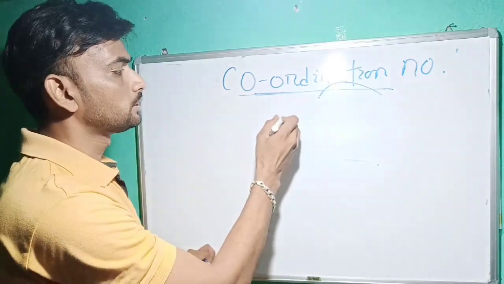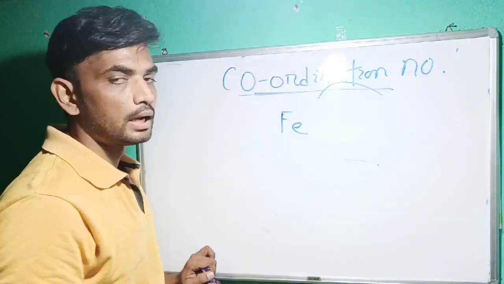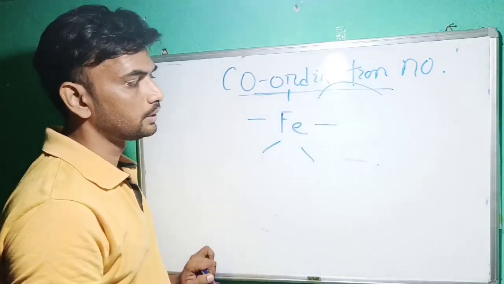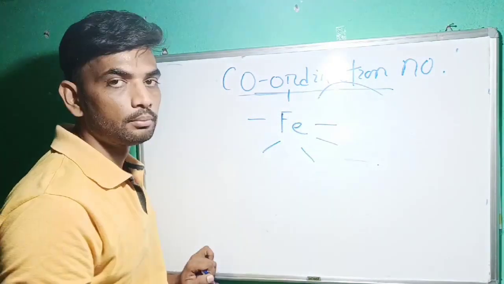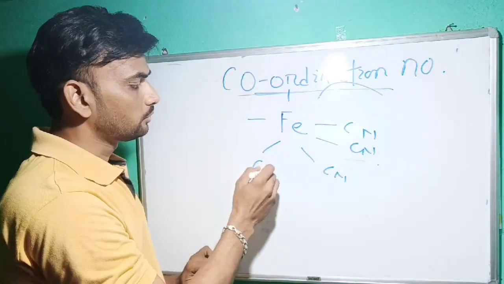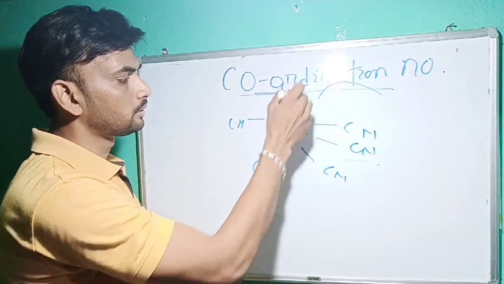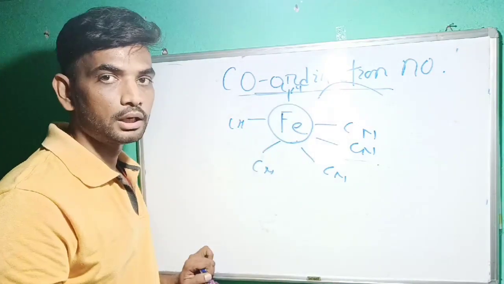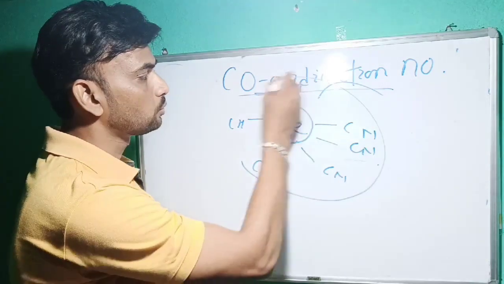That's why iron has the tendency to form 6 coordinate bonds, that means with 6 cyanides. The iron is the central metal atom, there are 6 coordinate bonds.